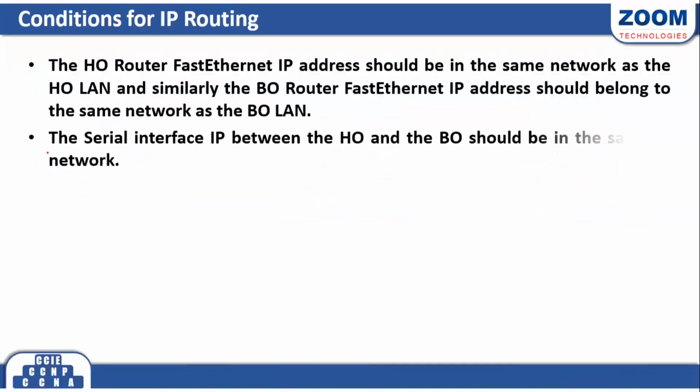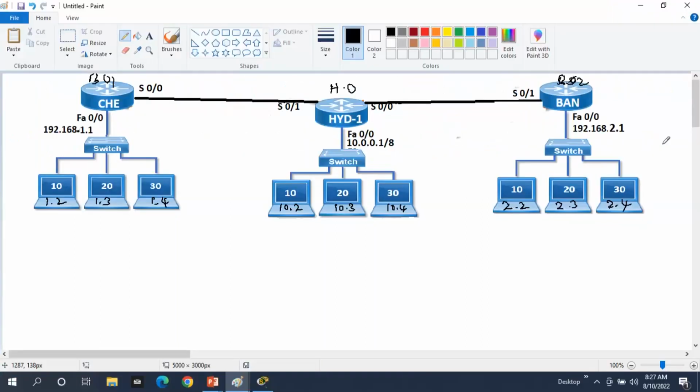Condition number two: the serial interface IP between head office and branch office should be in the same network. Let me explain clearly. Branch office serial 0/0 and head office serial 0/0 are connected back to back. These IP addresses should be in the same network. One end is 172.16.0.1, the other end must be in the same network, 172.16.0.2.